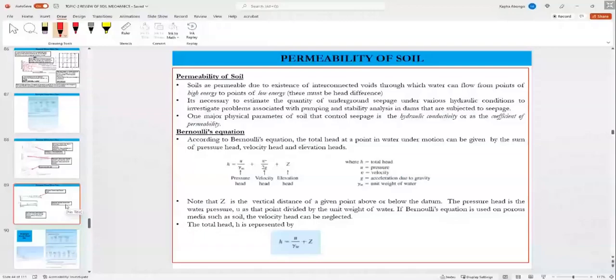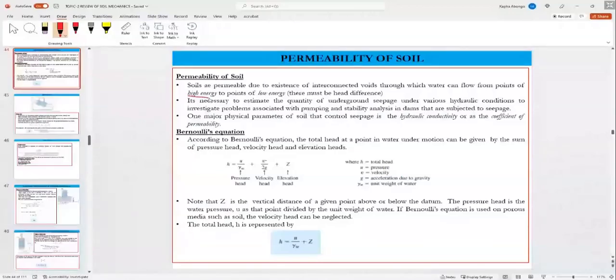In soil, there are void spaces. Those void spaces form paths for water to flow. Now the water will flow from a point of high energy to a point of low energy. So in other words, from high energy to low energy, there must be a head difference.